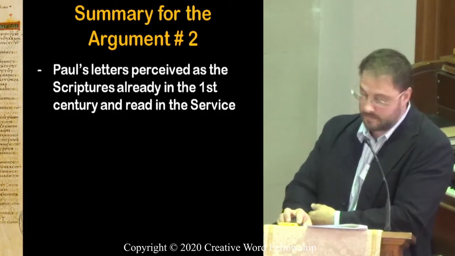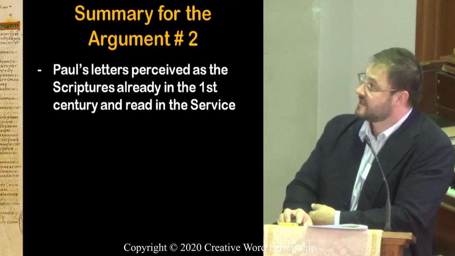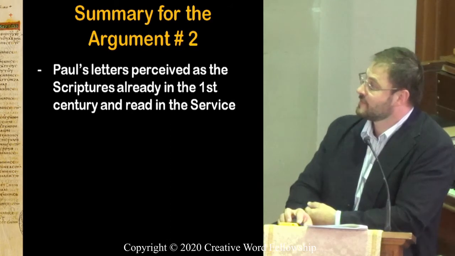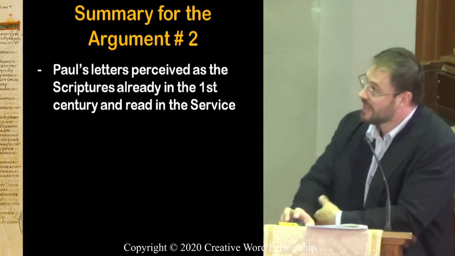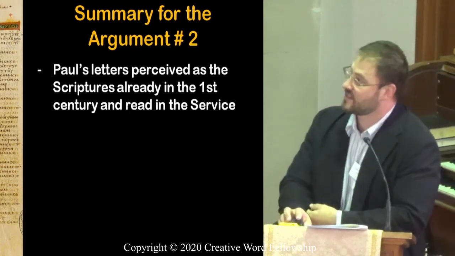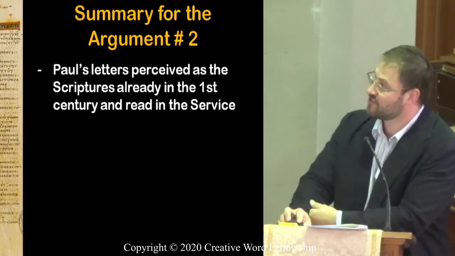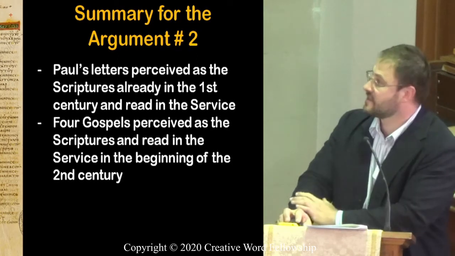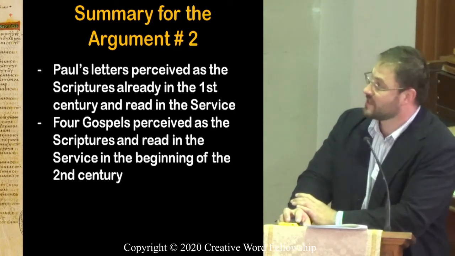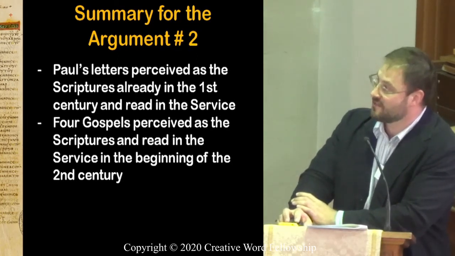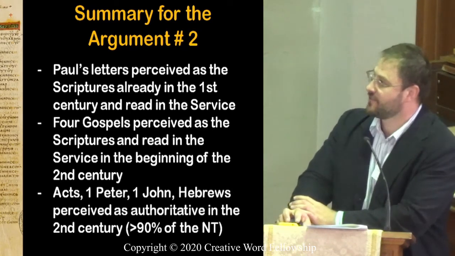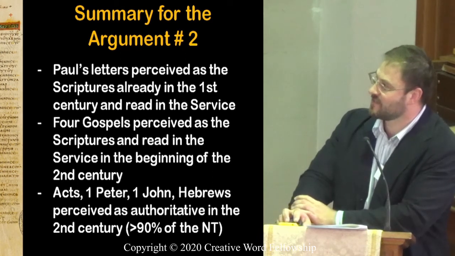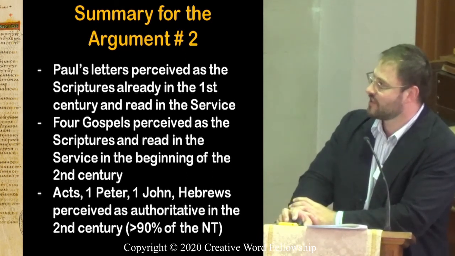So, summarizing the argument about what we actually know about the formation of the canon: Paul's letters were perceived as scriptures already in the 1st century and read in the divine service. The 4 Gospels were perceived as scriptures and read in the service at the beginning of the 2nd century. Acts, 1 Peter, 1 John and Hebrews were perceived as authoritative in the 2nd century.